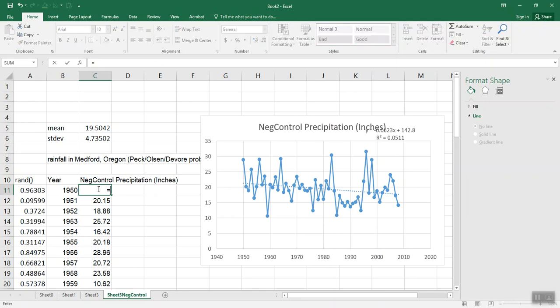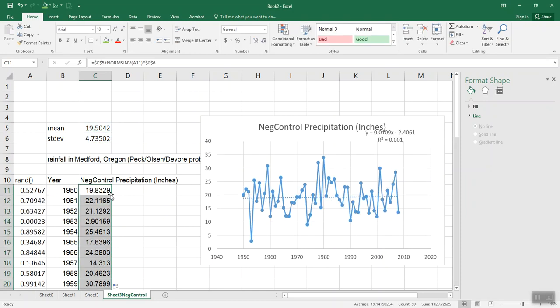So I can say, let's start with the mean, and then do a normal distribution with that standard deviation, and fill that down. And the graph is already set, just like it was on my original page, to graph this data and do a trend line.